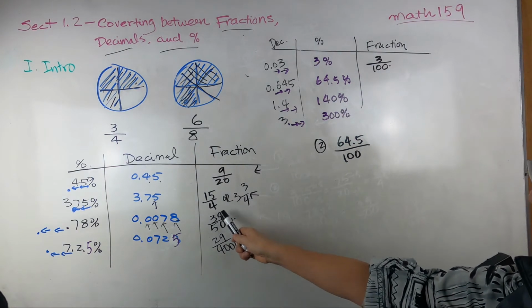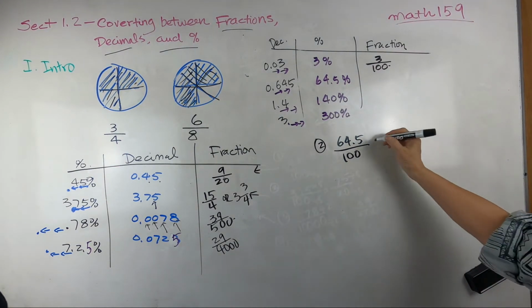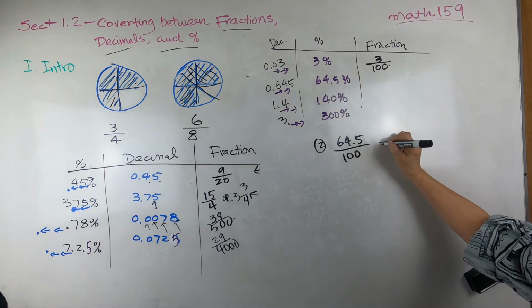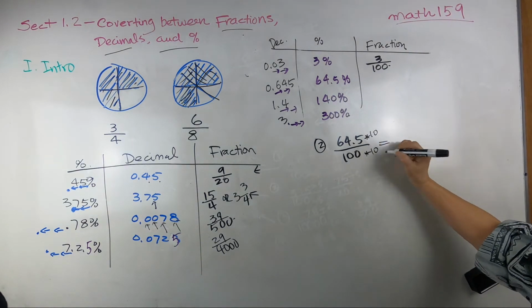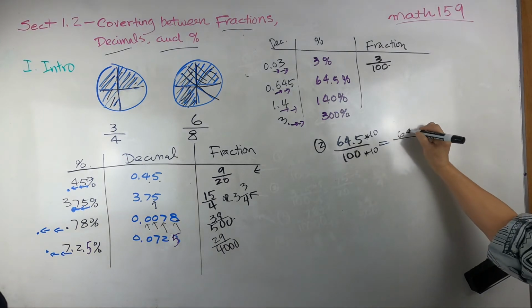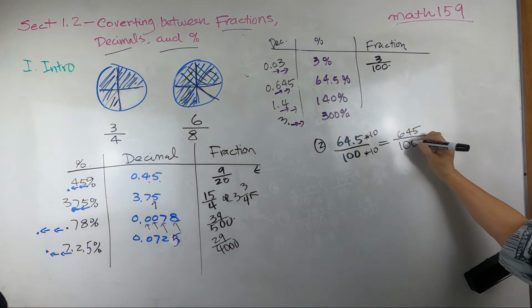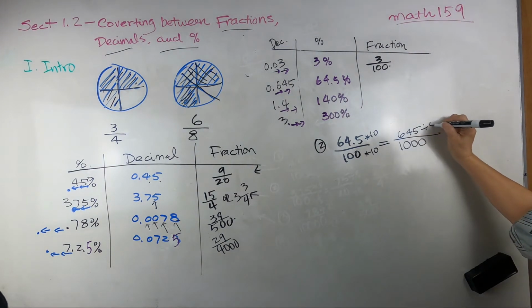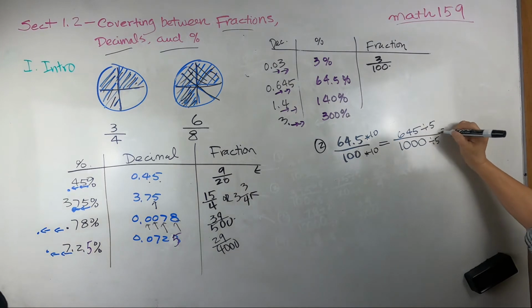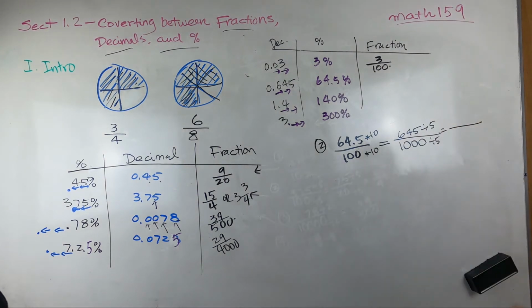Fraction means a simple number over the other, right? So how do you do? To make a decimal go away, you times 10, right? So that will be 645 out of what? 1,000. Do we leave the answer there? No, because you need to simplify. 5 can go into both, so you divide.